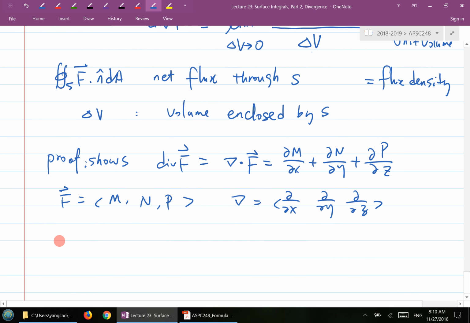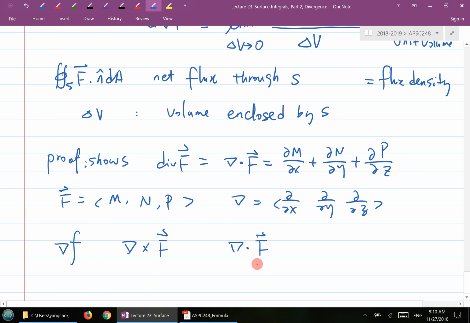What's the first situation? We use del and apply it directly in front of a scalar function. And we have applied the del crossing a vector function. And now we have a dot product with a function here. So that's basically the application of this del operator in 3 different situations: gradient, curl, and now this is called divergence.